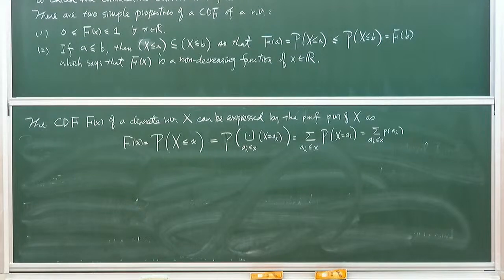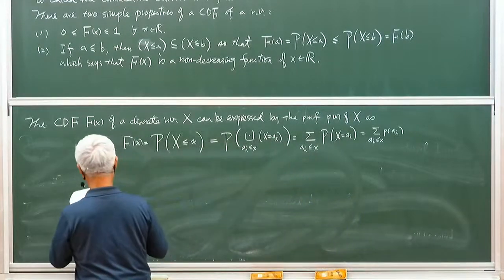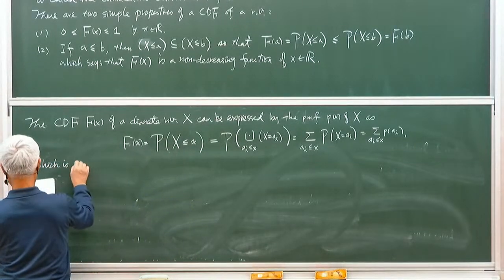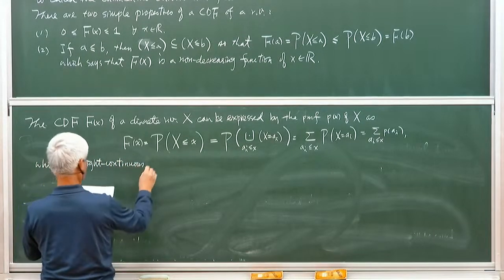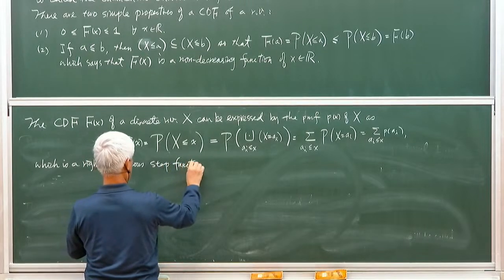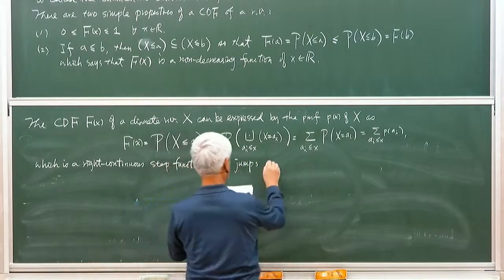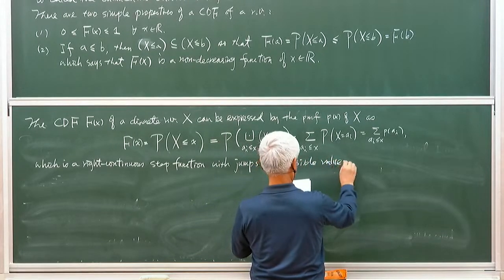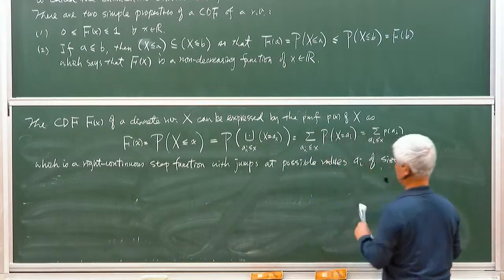So you can see the CDF is a right continuous step function with jumps at possible values a sub i of size p sub a_i.